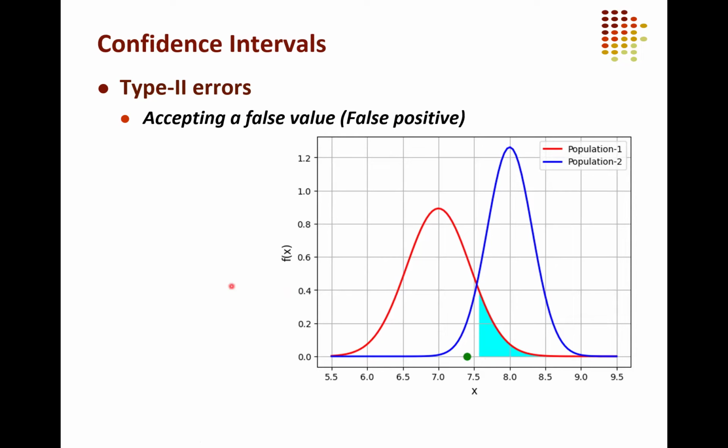Similarly, there are going to be type 2 errors, which is accepting a false value. A false positive term is used to indicate that kind of thing. So, for example, on similar lines, if we have an observation like this green dot, it can be identified as a member of population 1 or a member of population 2.